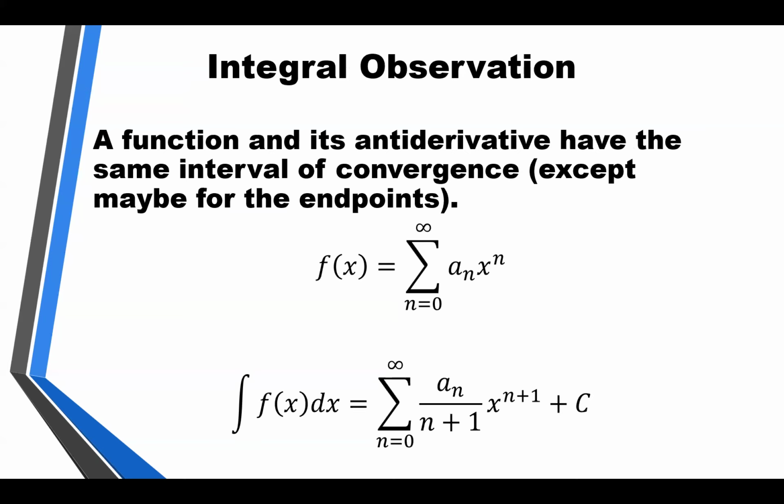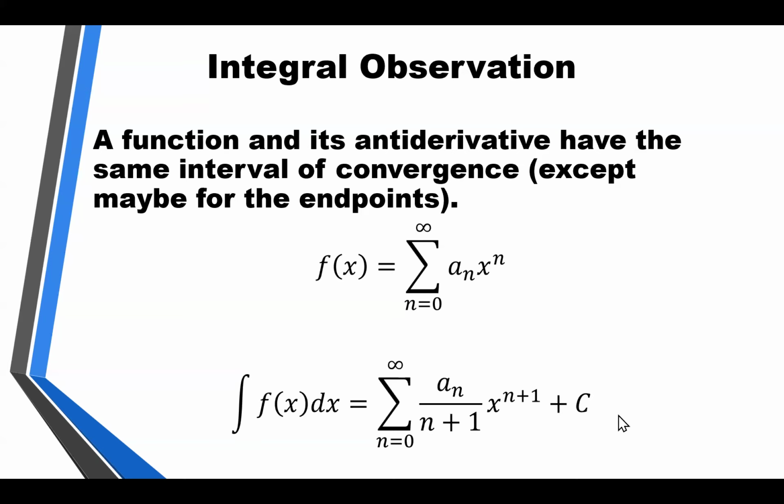It turns out the same thing works when we integrate a function. If I have a power series, since we're summing up, and I think of it as an infinite polynomial, we know how to integrate polynomial terms.